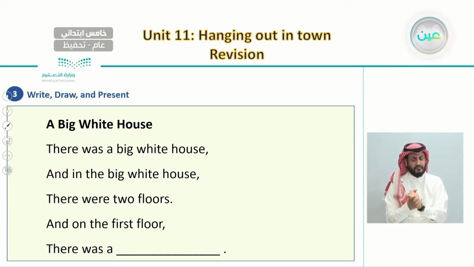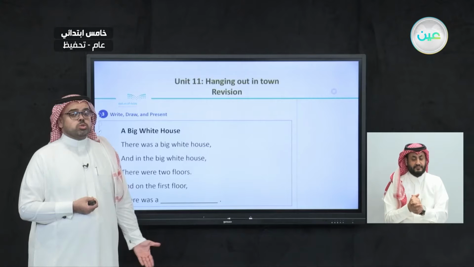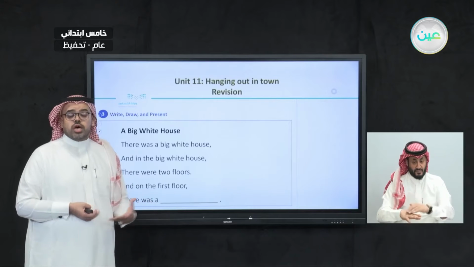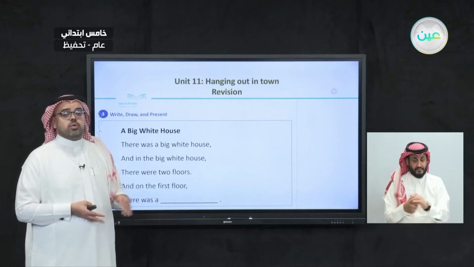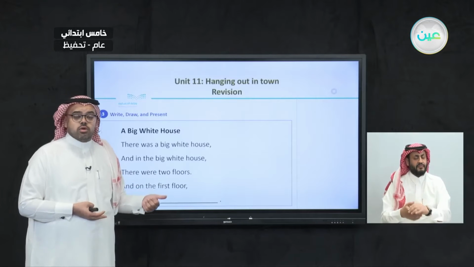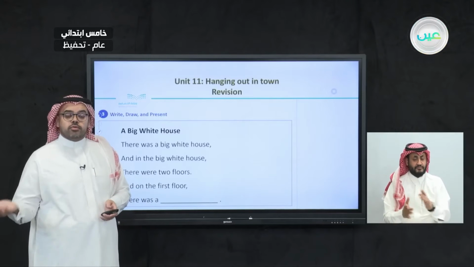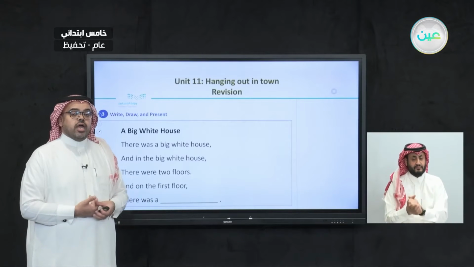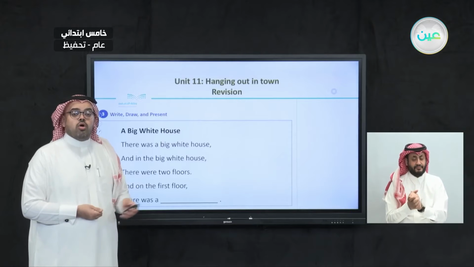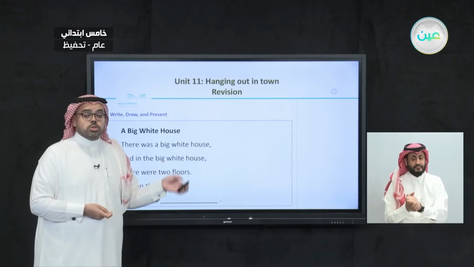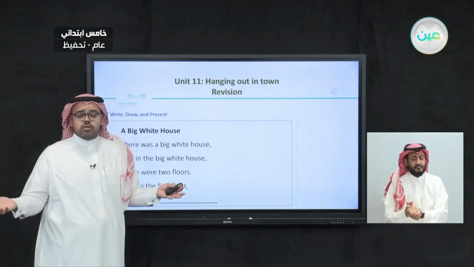So what are the rooms that we usually have in a 2 floors house? Usually, in the first floor we have a kitchen, we have a living room, or we have a dining room, or we have a washing room, and other rooms as well.